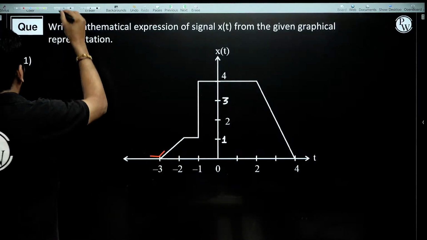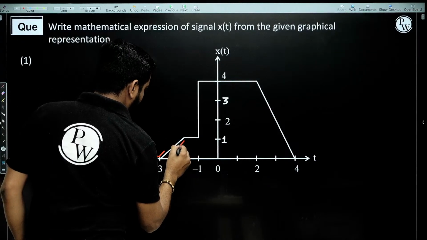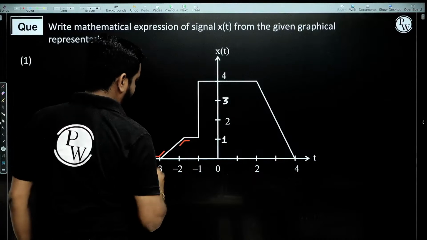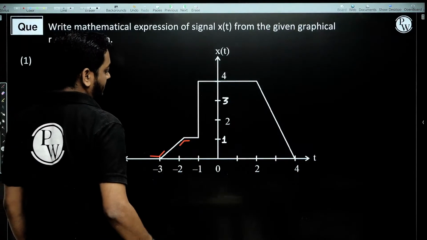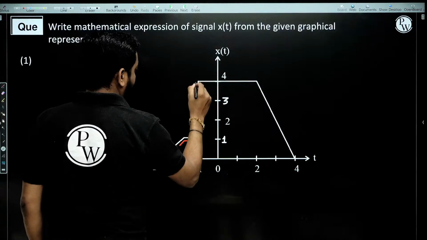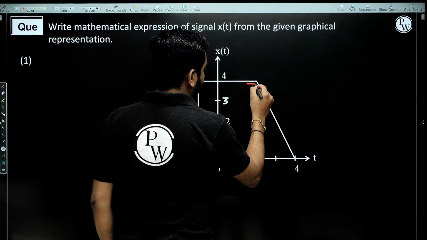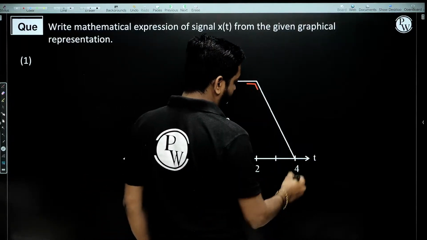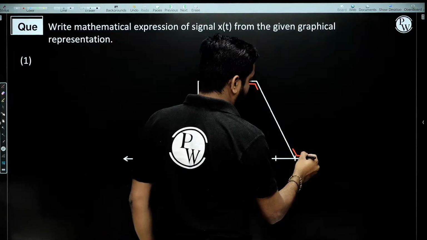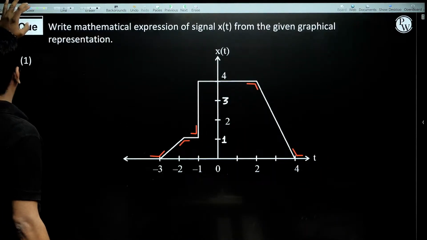At t equal to 2 also, only a linear change, only a ramp function. At t equal to -1, only a sudden change. You can see the sudden change from this point to this. And next at t equal to 2, only a linear change, and at t equal to 4, only a linear change, guys. Yes or no? Correct.